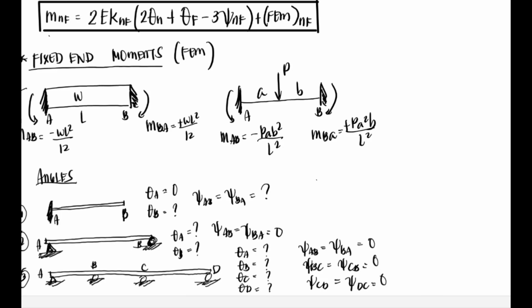Okay, what if naman po fixed and then the other one is fixed? Tulad ng sinabi ko dito, our theta A and theta B here would be 0. Ano naman yung psi natin? Kapag ang psi natin ay ganyan, meaning po, question mark or unknown naman po ang ating psi.